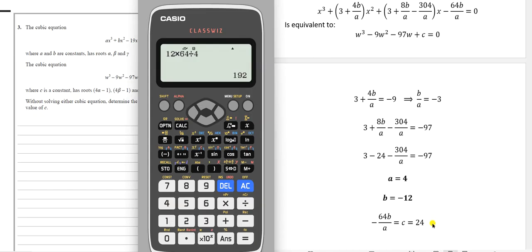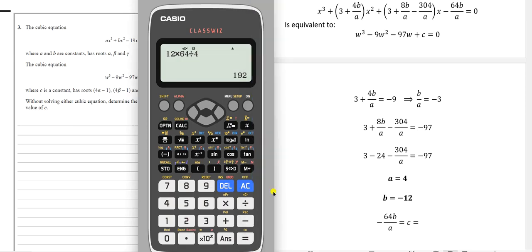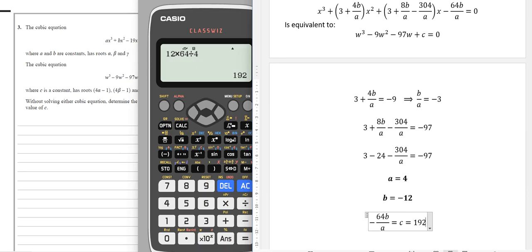That doesn't look like 24. 64 times 12 divided by 4, 192, the negatives cancel. So now I'm saying c is 192.